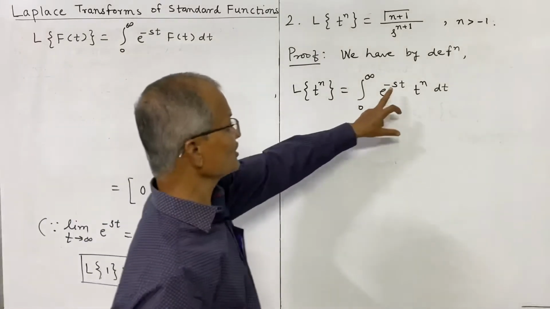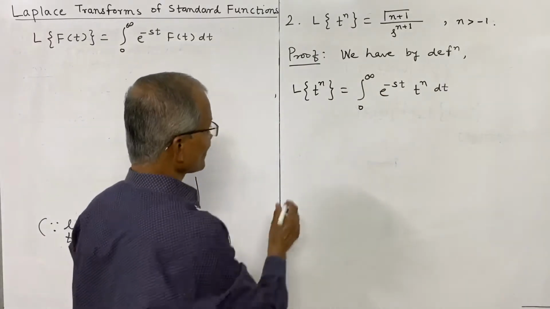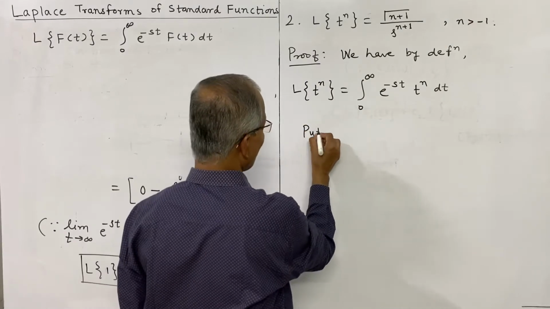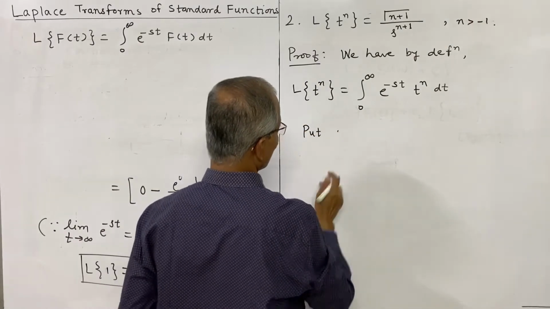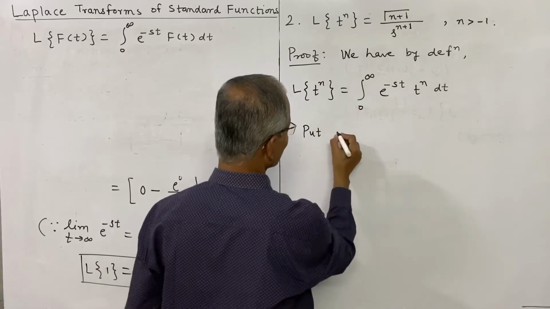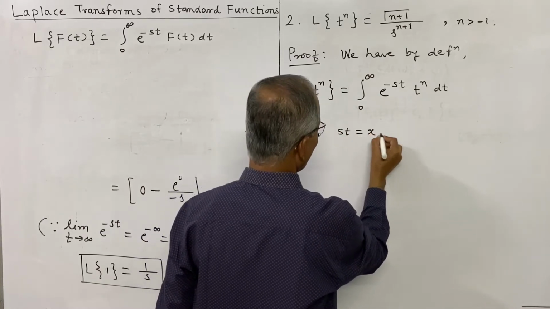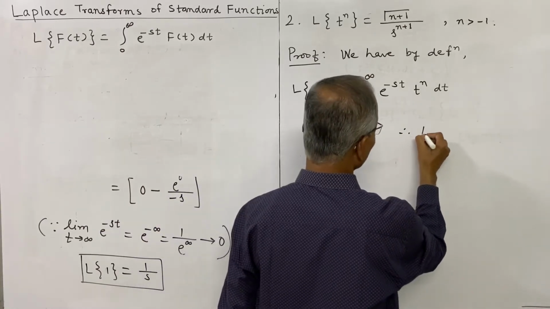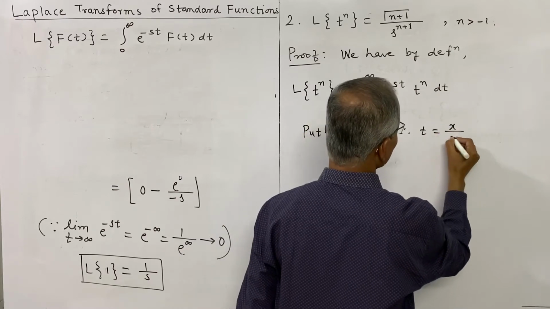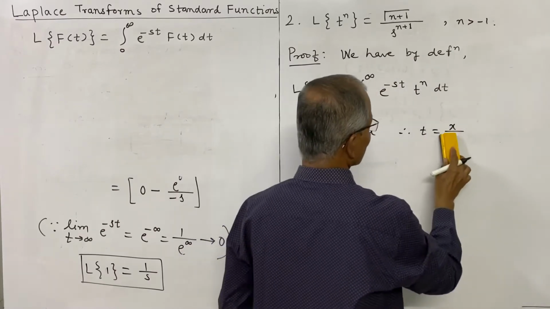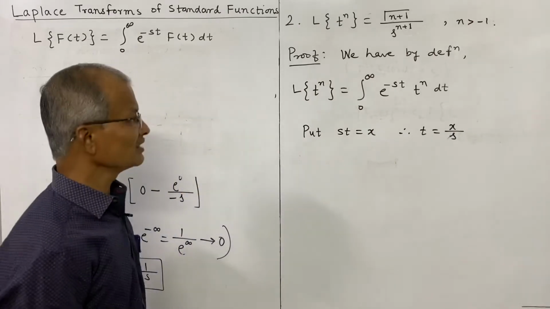So we assume st is equal to x. Put in this integral, put st is equal to x, and therefore t will be x upon s. Now what is dt?